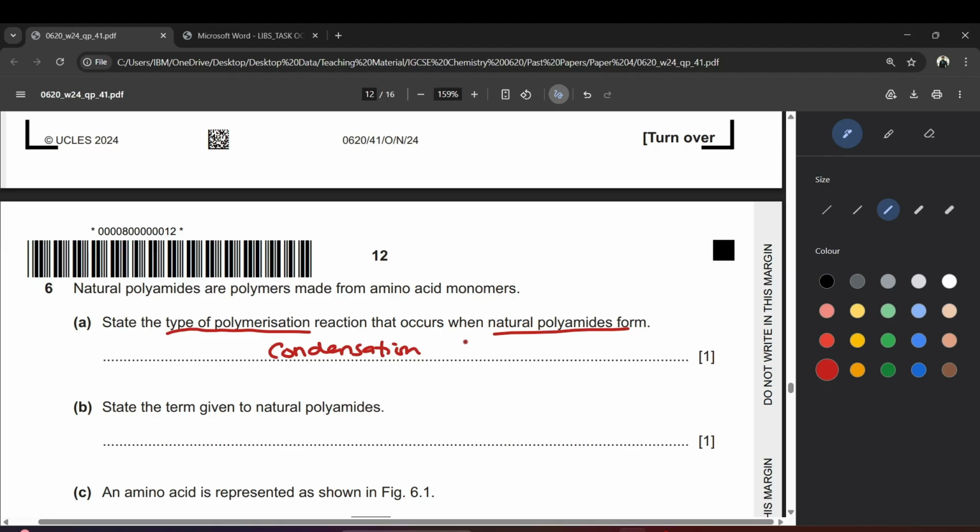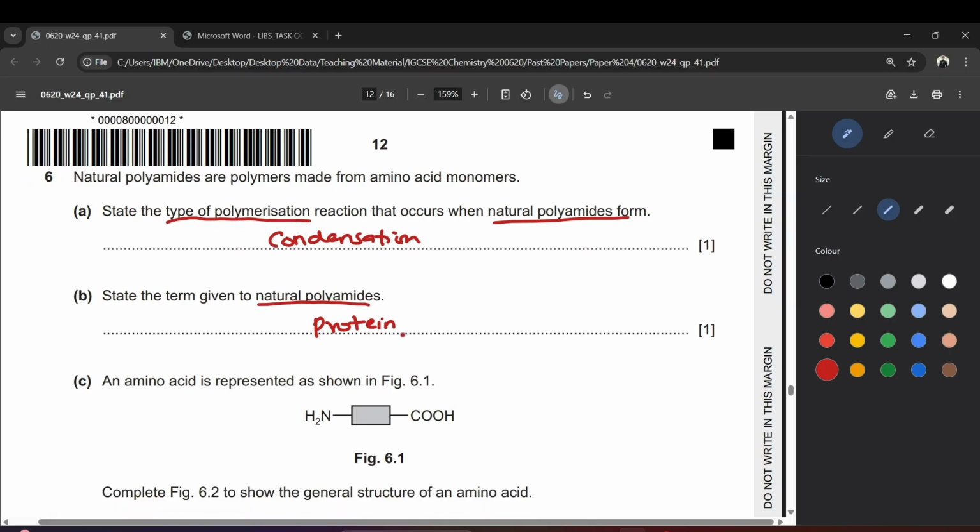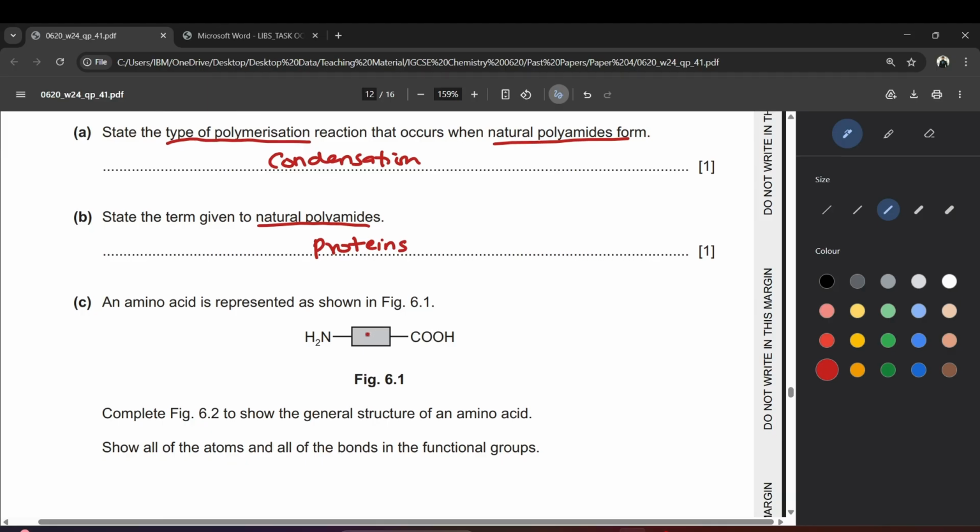The next one is state the term given to natural polyamides. Natural polyamides will be protein, because you also have synthetic or man-made polyamides, an example of which could be nylon. So this will be protein.